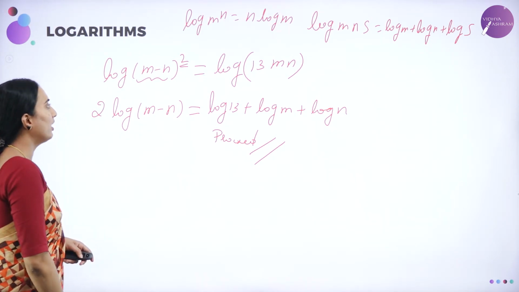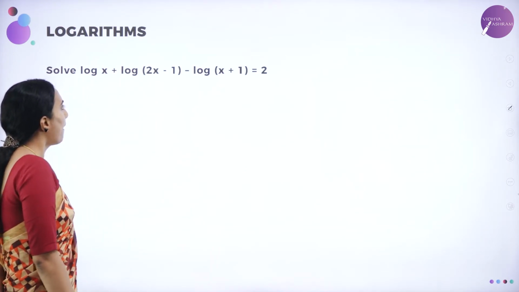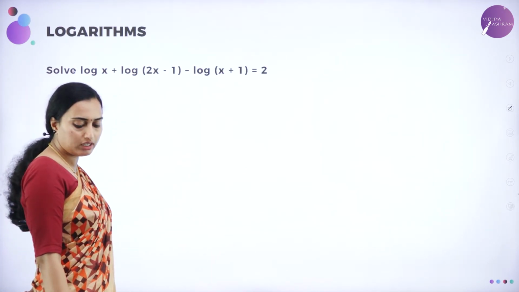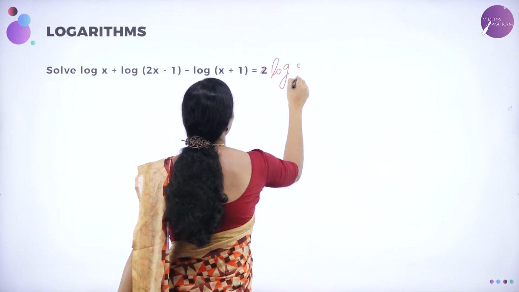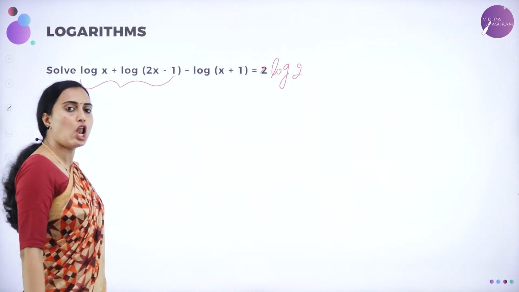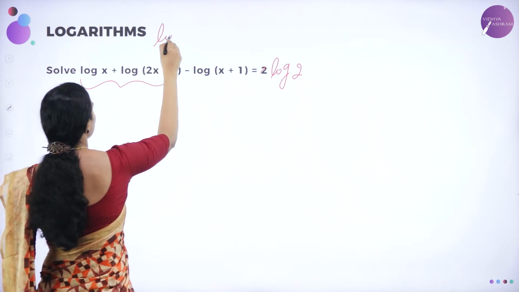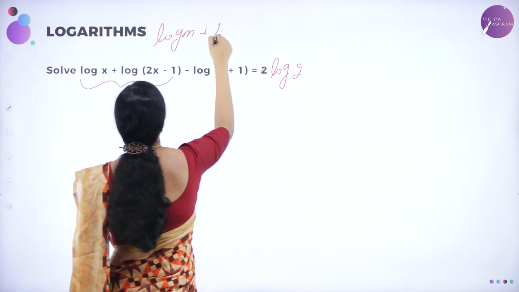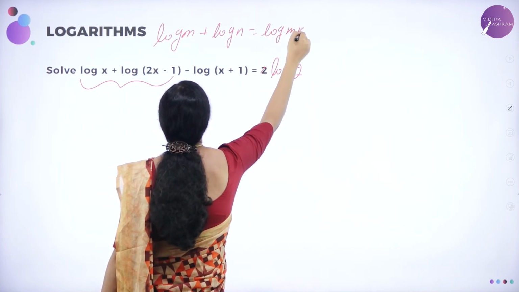Yes. Okay. Now let us solve this one. Log x plus log of (2x minus 1) minus log of (x plus 1) is equal to, this is not 2, this is log 2. Okay, so here by having log m plus log n, what is log m plus log n? Log m plus log n is nothing but log mn.